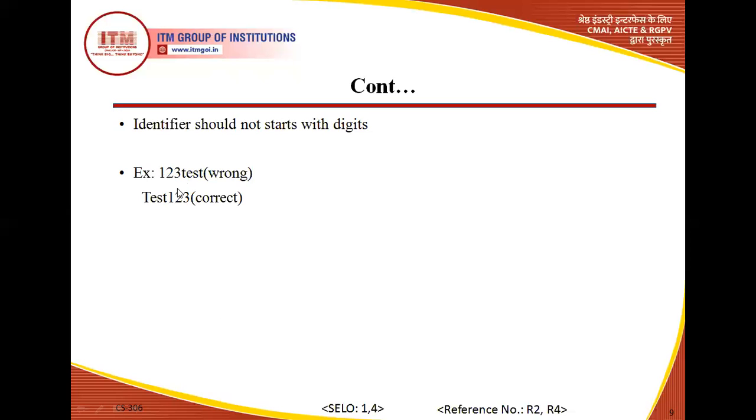A number is allowed after some text, like test followed by 123, so that is valid. But never start your name with a number. Clear? So this is the second rule.